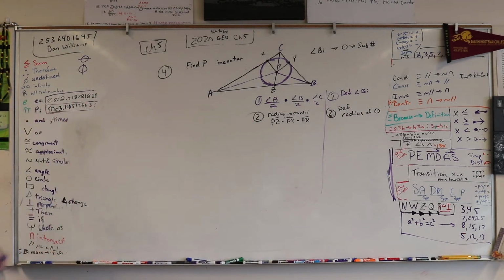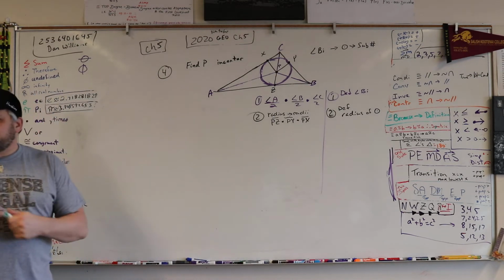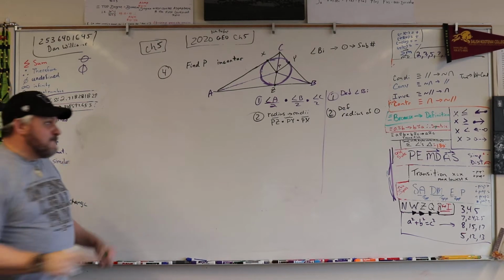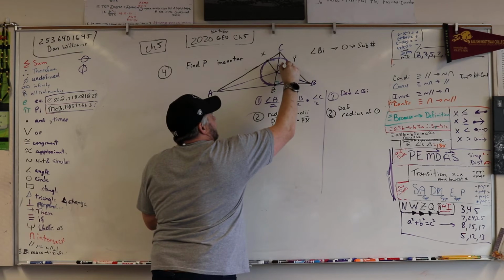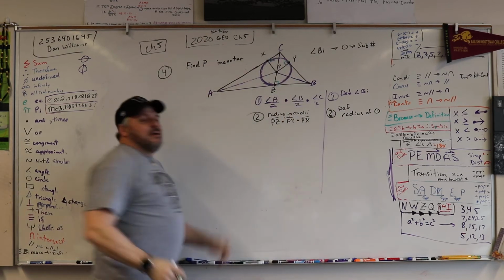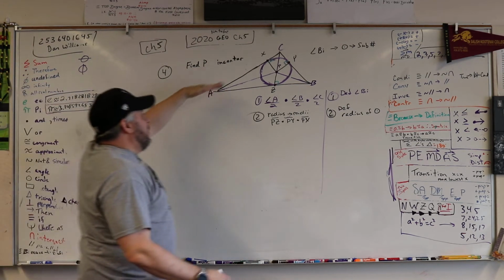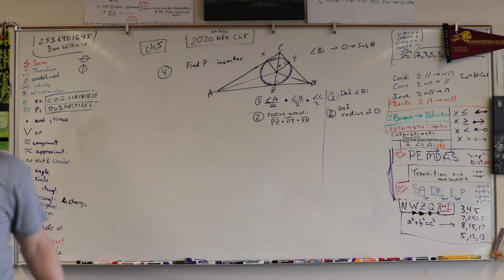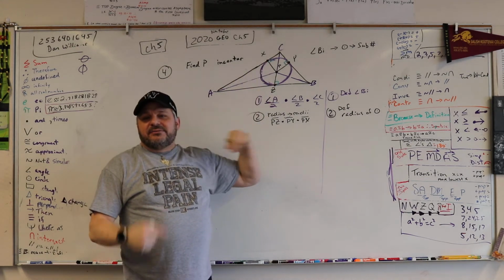So the coolest thing about this incenter is it creates these radii, but the radii are specific. And the radii are perpendicular to the tangent line. Remember, we created the tangent line. The tangent line is a line that touches a curve at exactly 1 point.